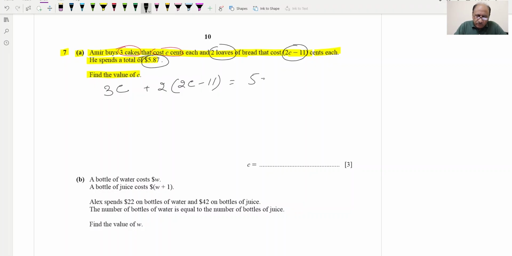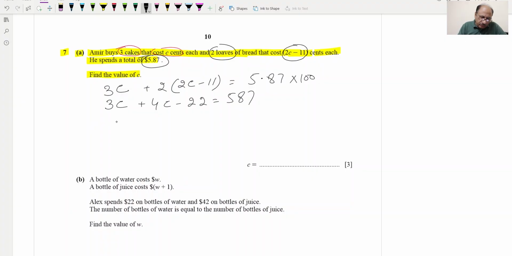So 5.87 multiplied by 100, we have converted into cents. Now we can open the brackets and simplify and find the value of C. So this will be 4C minus 22 is equal to 587. After multiplication, the decimal will be gone.